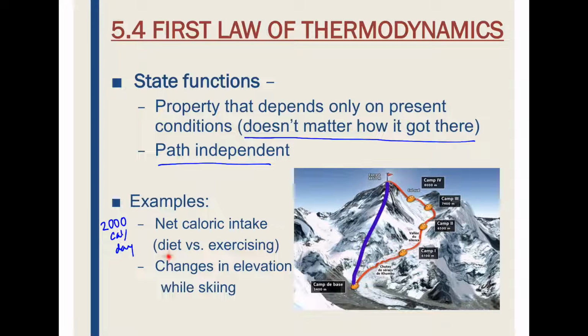So, either way, whether you dieted and ate carefully or whether you ate normally and then exercised, you could still have a net caloric intake of 2,000 calories per day. So, again, the path does not matter. Whether you ate carefully or exercised extra calories off, the initial and final values are all that mattered. Okay? So how does this relate to Hess's law?